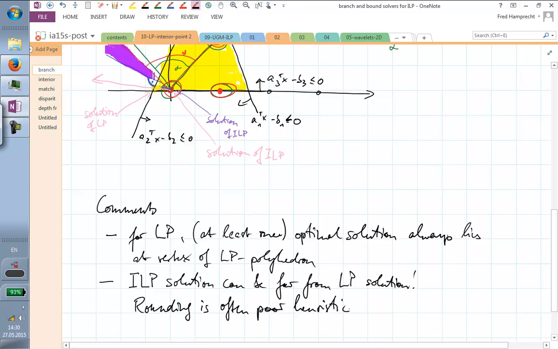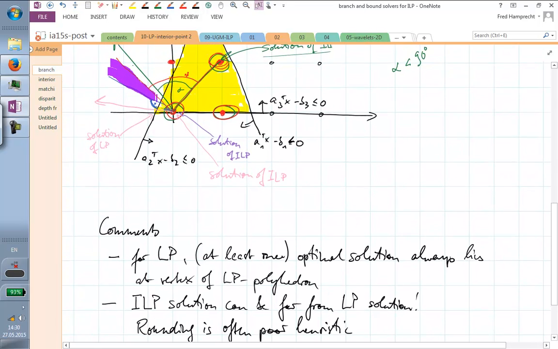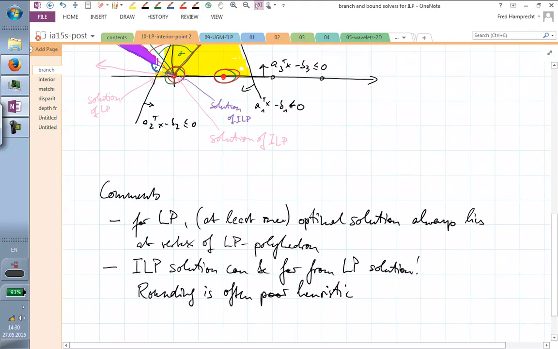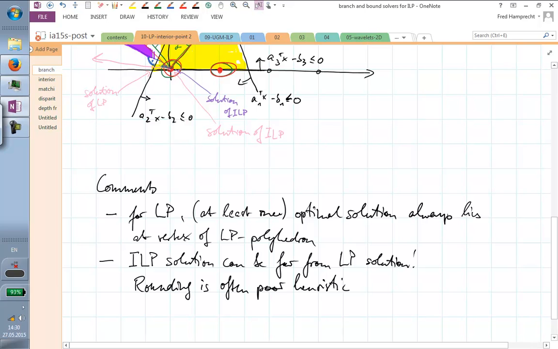Poor either in the sense that the solution that I will get out is not feasible at all, or that it is feasible but suboptimal. And this example that I gave here may look a little handcrafted in 2 dimensions, but actually in higher dimensional problems, this is quite a frequent occurrence.